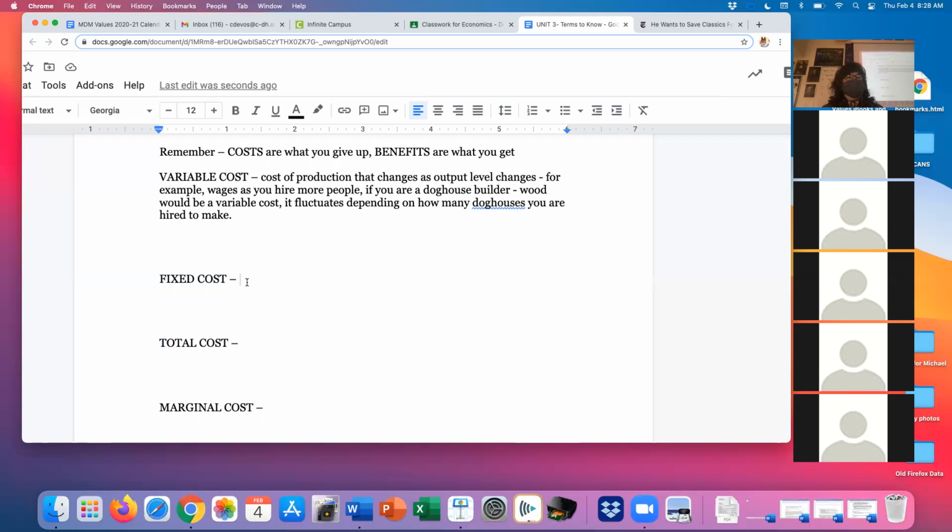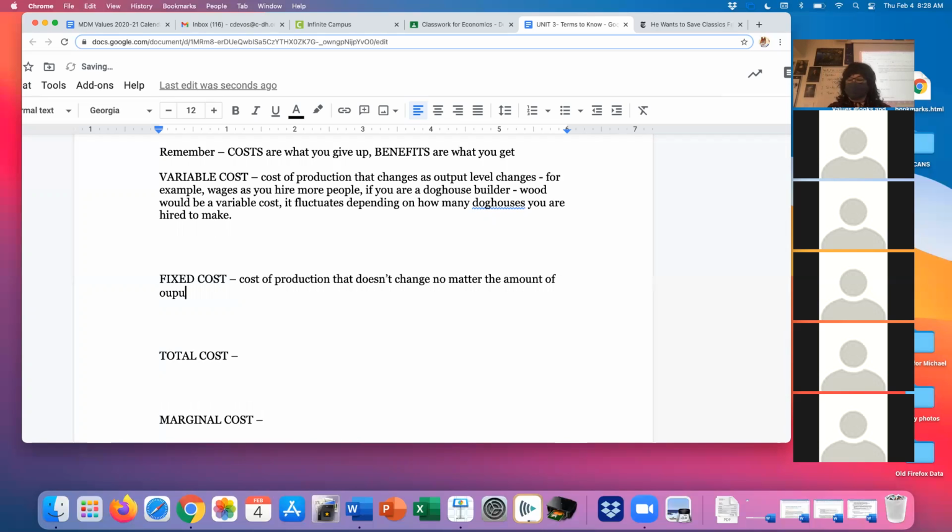Now a fixed cost is going to be the opposite of variable, everybody. Are you ready? It's a cost of production that doesn't change no matter the amount of output. You have to pay it no matter what. Okay, an example of that would be rent.